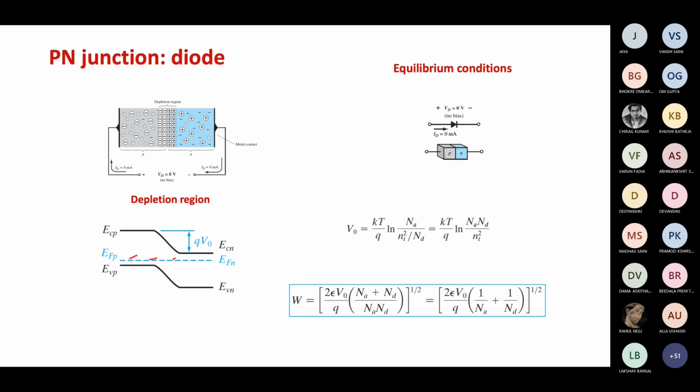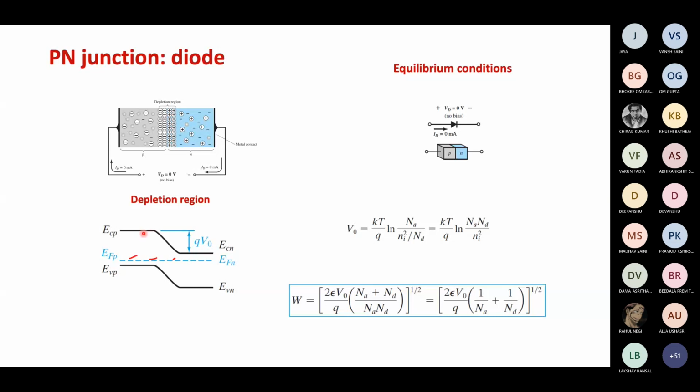Similarly, the distance between the Fermi level and the conduction band minima governs the number of electrons in the system. So less is the distance, more is the number of electrons. More is the distance, less is the number of electrons.